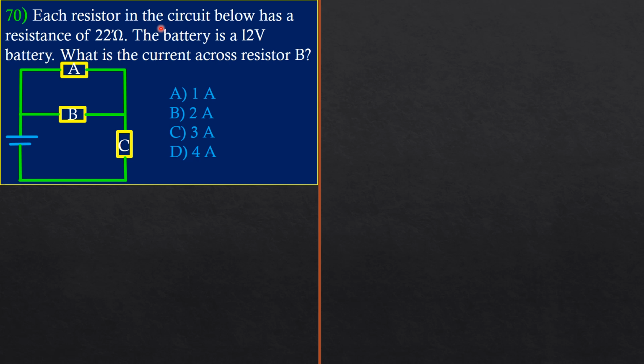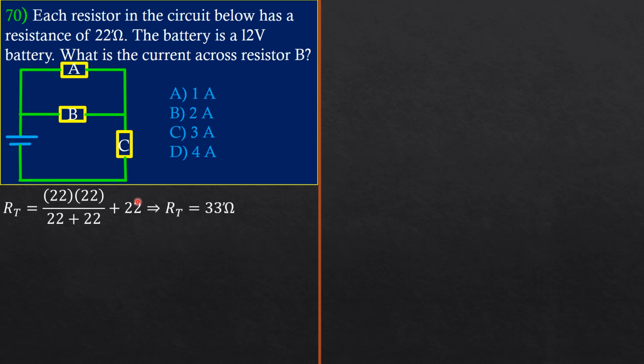Let's keep in mind that resistor A and resistor B are in parallel, and the whole combination is in series with resistor C. So we are definitely going to have the resistance of B, A, and C being equal to 22 times 22 over their sum, plus now 22.